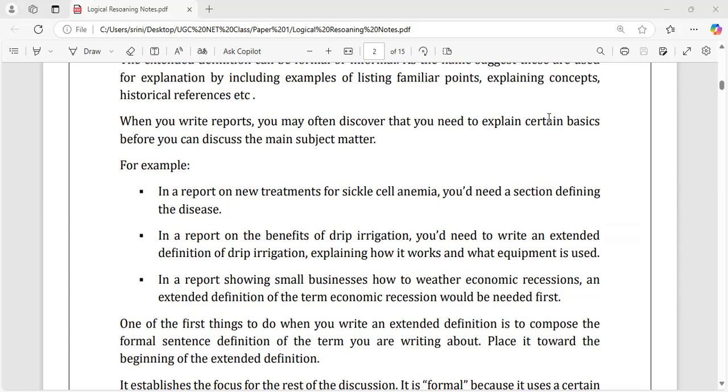Then in a report on the benefits of drip irrigation, you will need to write an extended definition of drip irrigation, explaining how it works and what equipment is used. A report showing small businesses how to weather economic recessions: an extended definition of the term economic recession would be needed first. So basically, you have an example.